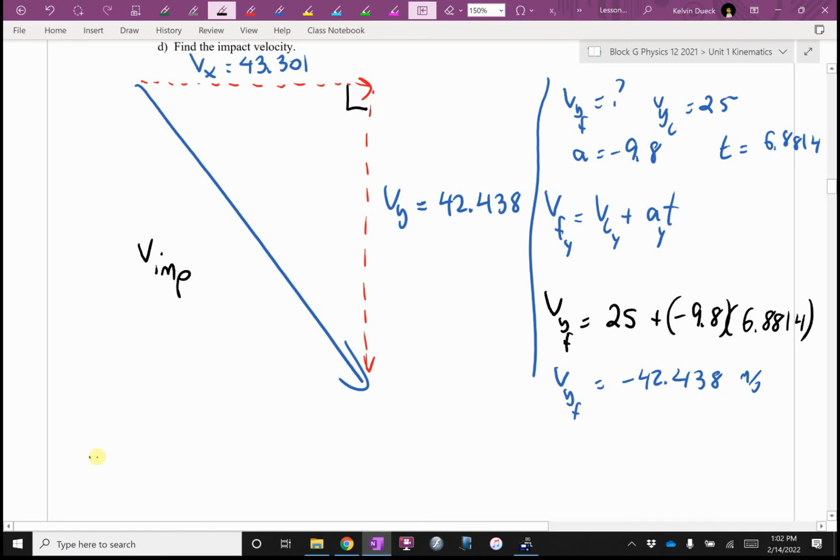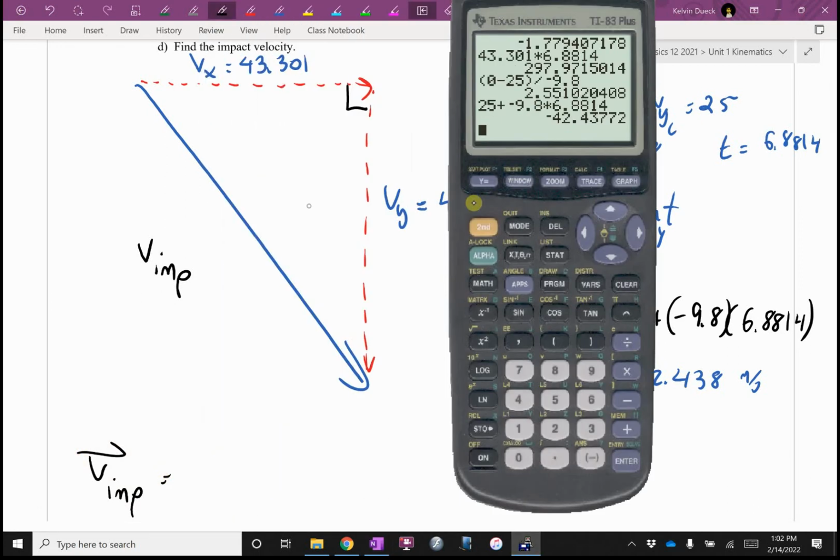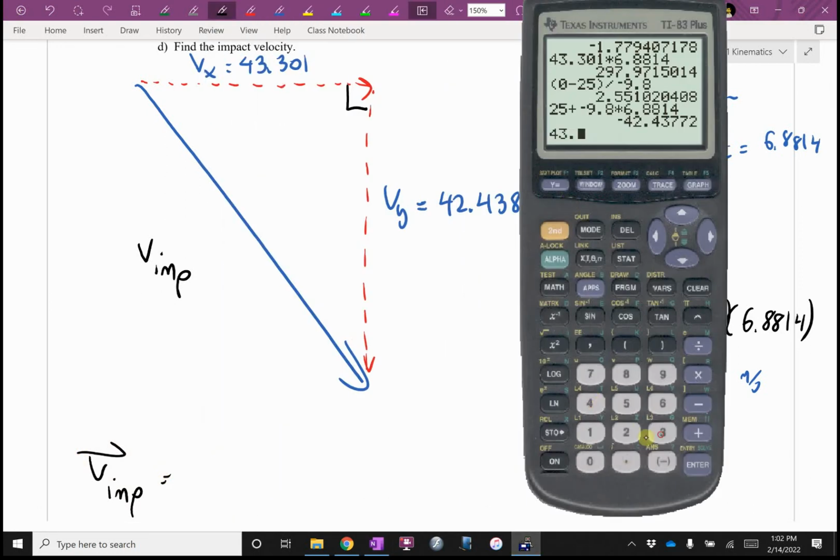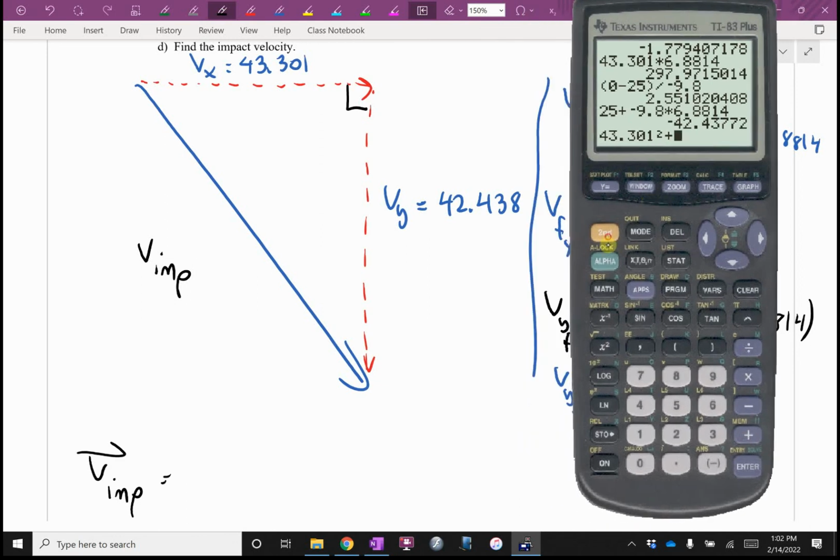So the impact velocity is going to be 43.301 squared plus answer button squared, square root answer button. And I get 60.629. Now this is my final answer. I'll go to 3 sig fig, 60.6.